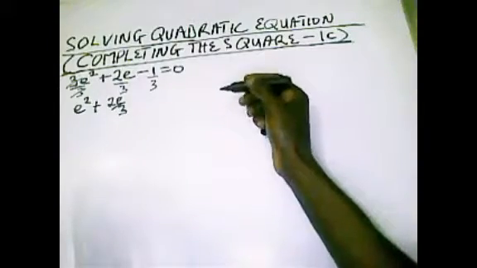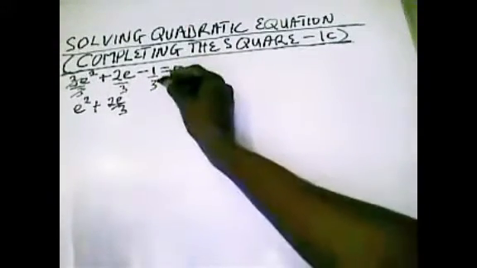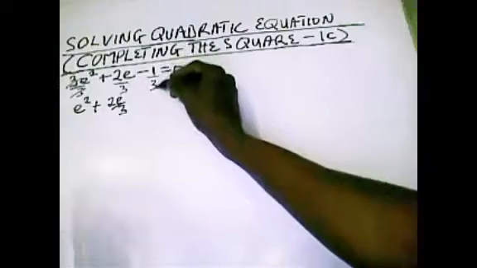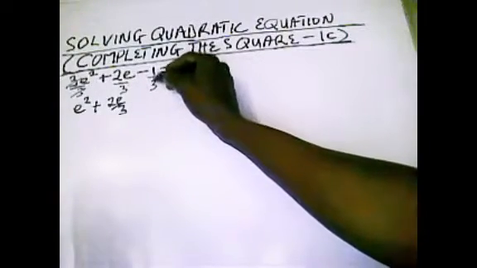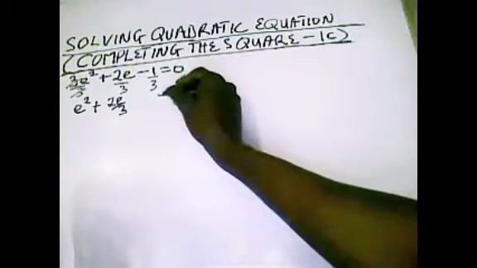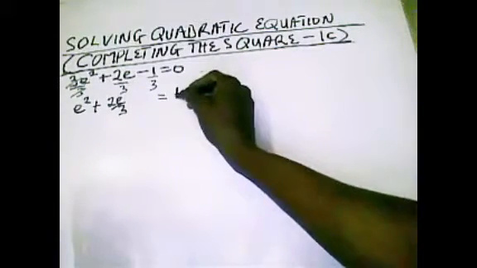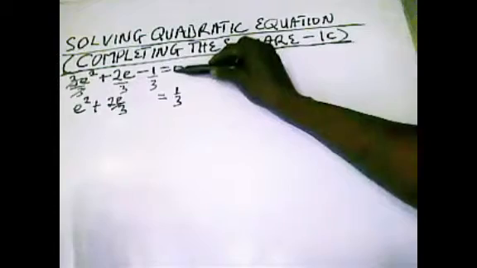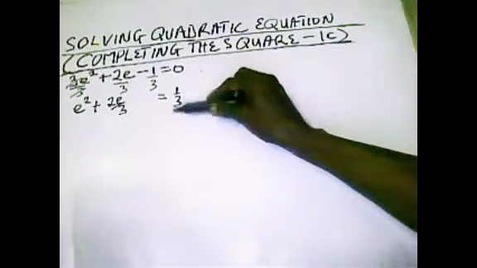And then here, don't forget, we'll be left with 1 minus 1 upon 3. Now this minus 1 upon 3, we are moving it to this place here. It becomes plus 1 upon 3. So everything here will become equals to 1 upon 3. That is what we did to get to this point.